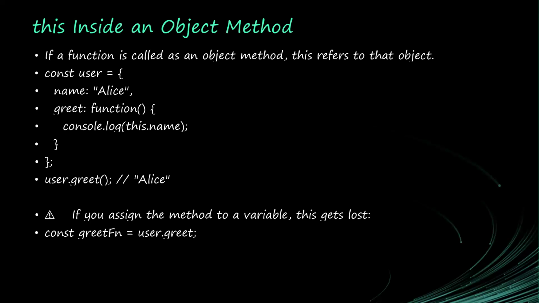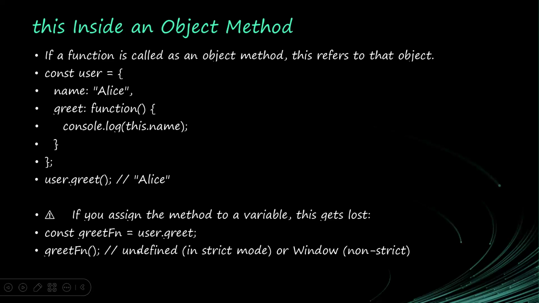I can also assign a method to a variable. Remember that this keyword depends not on where the function is created, but on where and how it is being called. In this case, we are calling this function outside of the user object. So let me show you.